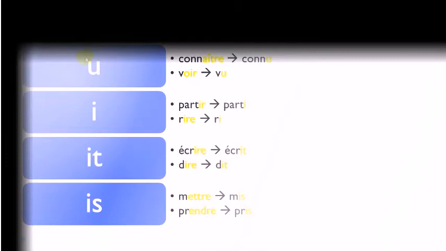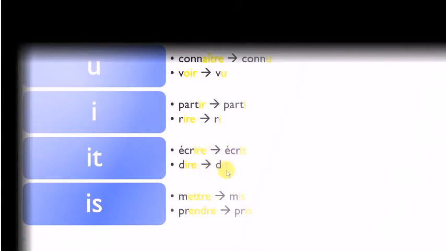So subgroups here, talking about the ones ending with U, okay? So for example, connaître, to know, will become connu, okay? Voir, to see, will become vu, okay? Ending with I, partir, will become parti. Partir is to leave. Rire, to laugh, will become ri, okay? The ones ending with IT, like here, écrire, to write, écrit.